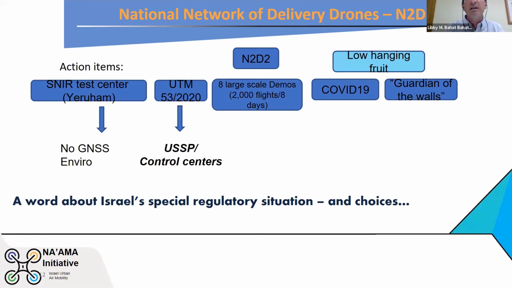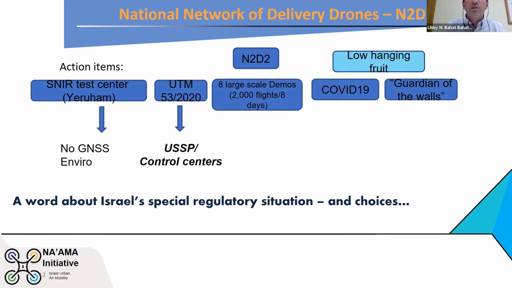This is, let's say, the 5 big directions of the national drone project. Starting from left to right is the test center in the south part of Israel in a desert environment with no GNSS environment, with other interferences, to test mainly this subject.